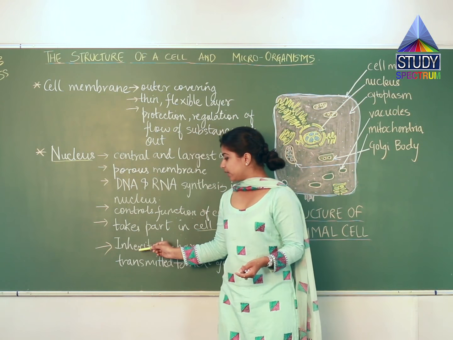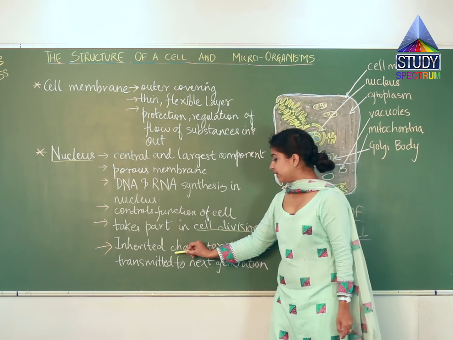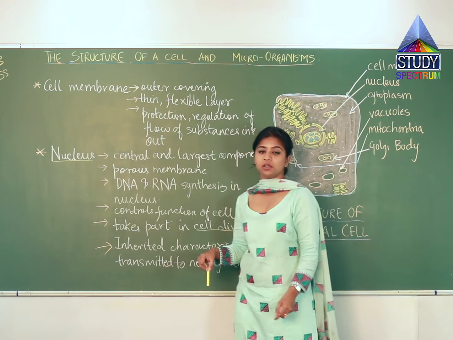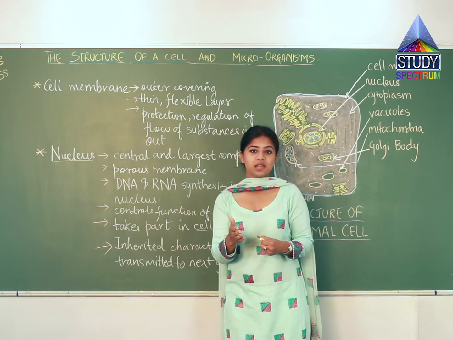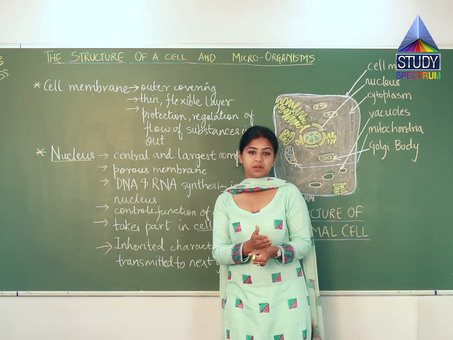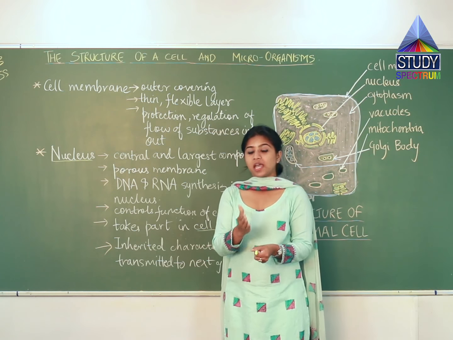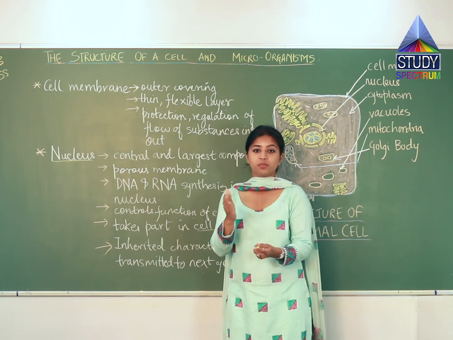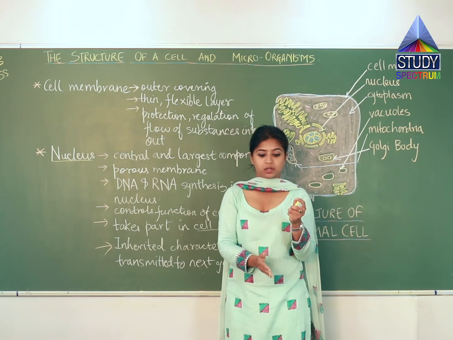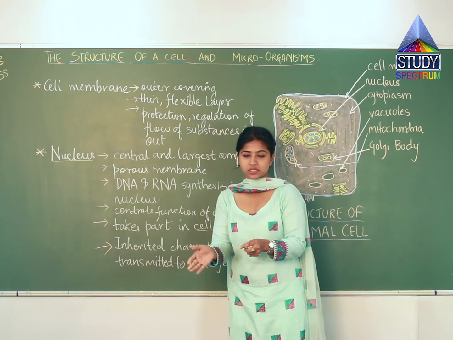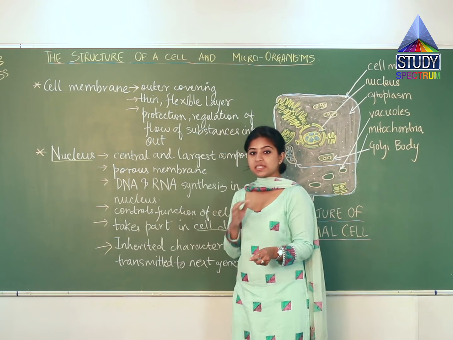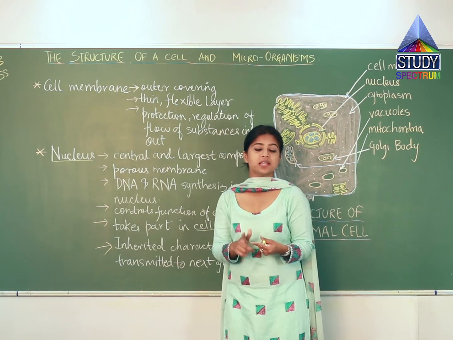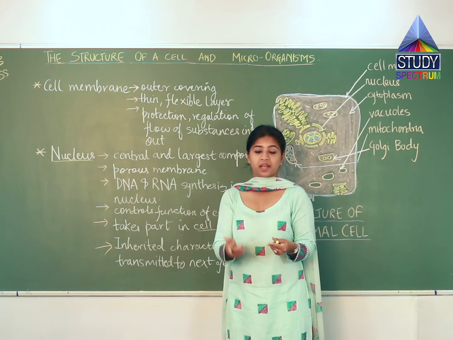The next is that the inherited characteristics are transmitted to the next generation. Since DNA is the genetic material, it defines the characters of an individual. So from progeny to progeny, that means from generation to generation, individuals will have these characters in common. That is why it is said that you resemble your ancestors. Why? Because your genetic characters are the same.